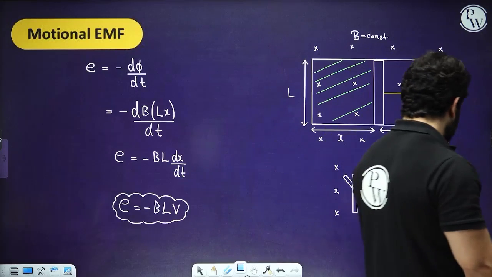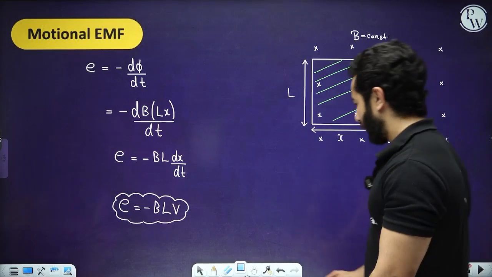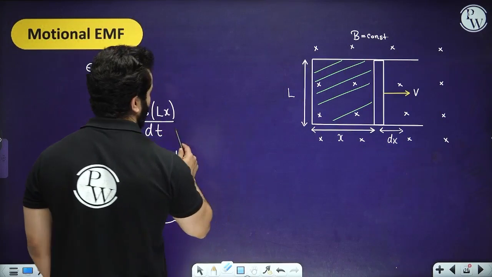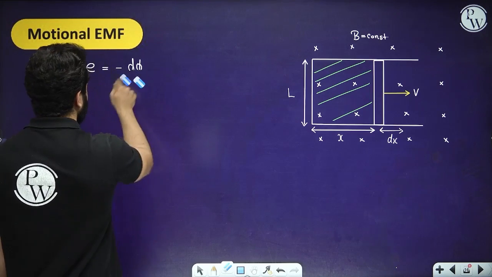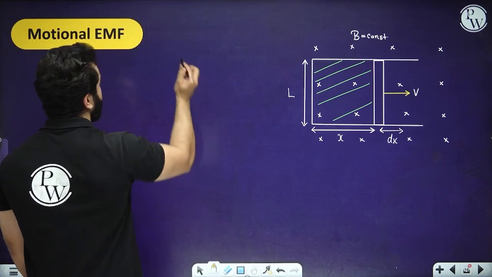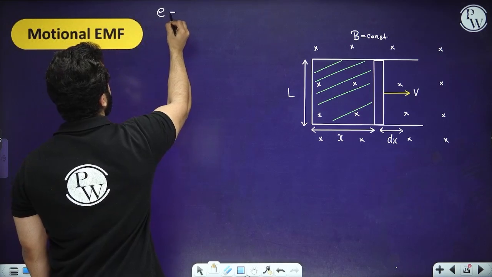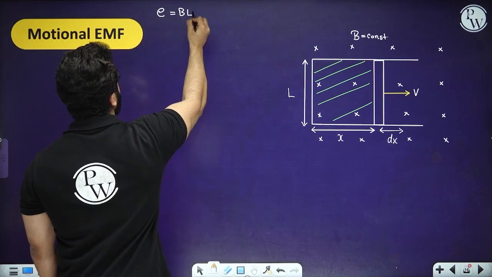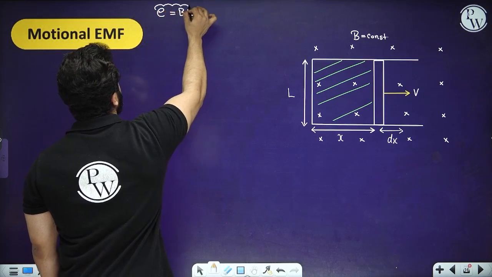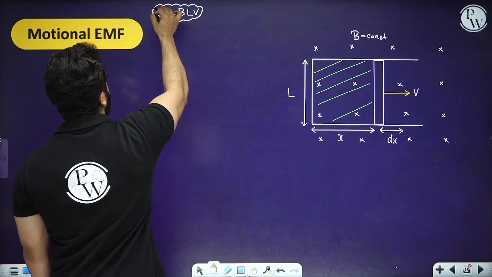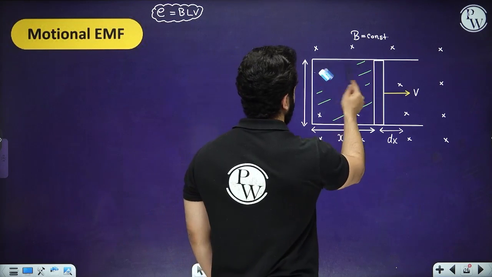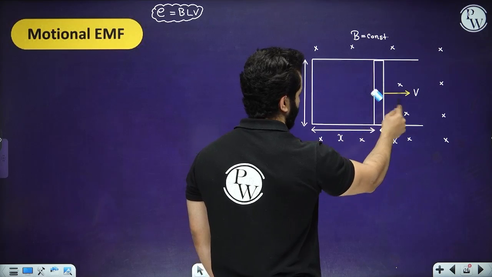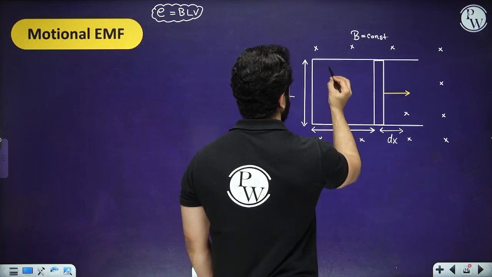Next is finding out the mechanism and the direction of induced EMF. We have already written that the induced EMF, the magnitude of E, is BLV. Great. Now let's talk about it again: what would be the direction of induced current?